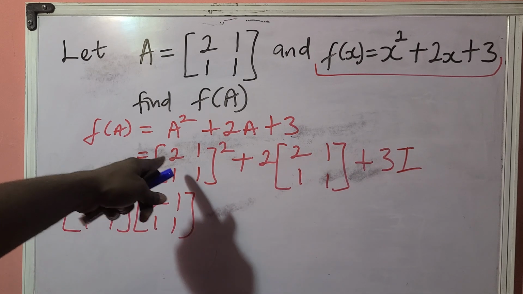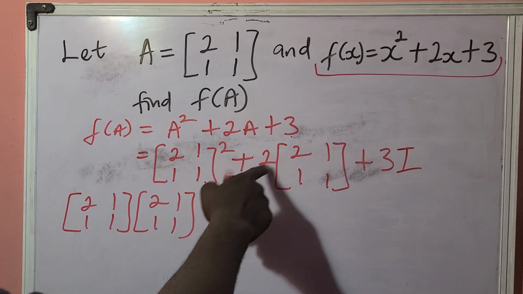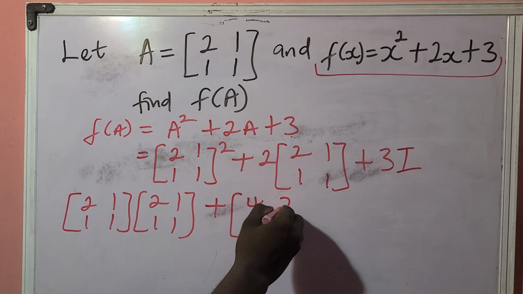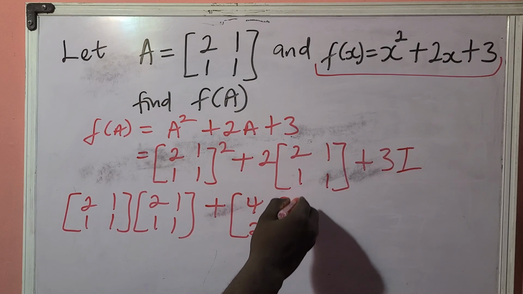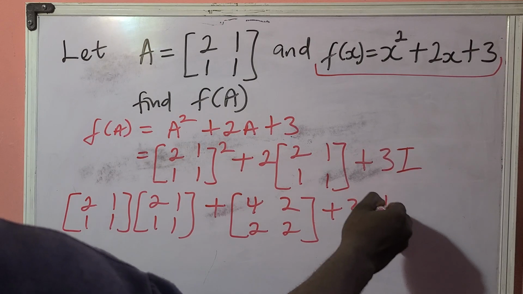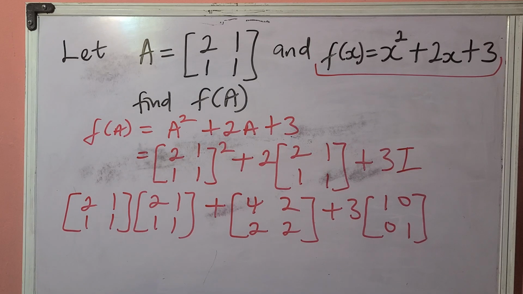You cannot just raise each of the elements to power 2. That will be wrong. And then we can go on to multiply this scalar with this matrix, which will be 4, 2, 2, 2. And then we can go on to introduce our identity matrix, as you can see above.